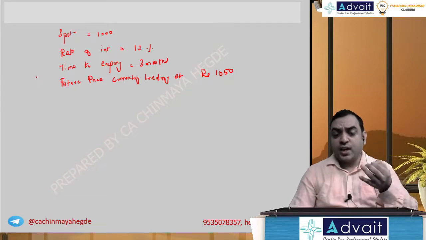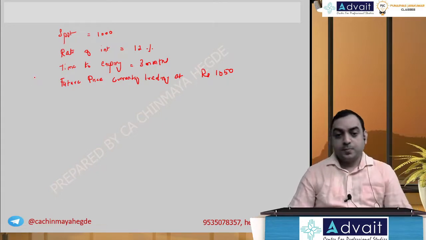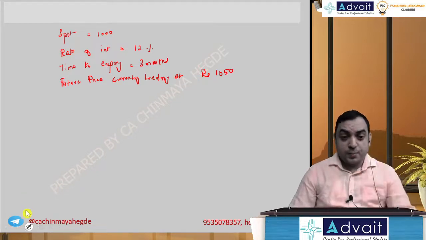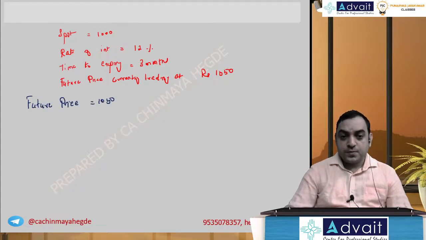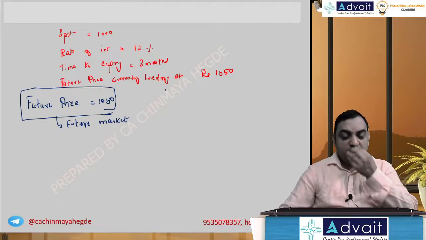So what is the first thing I should do? Before I execute a strategy, I should identify whether it is overpriced or underpriced. So I have to compute the future price and fair value. Future price I know, it is 1050, and this is for the future market. Then I look at the spot market.